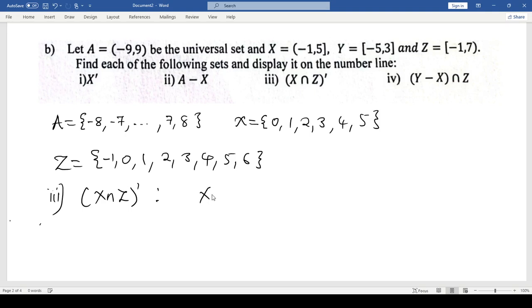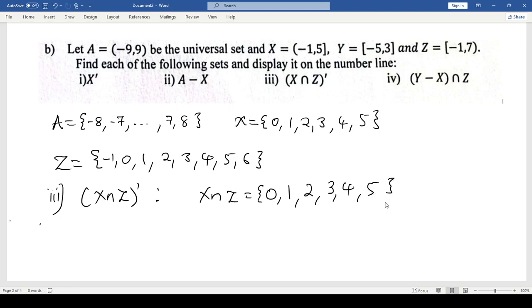So for x intersection Z, we can just list the common elements in x and Z. You notice that we're going to have 0, 1, 2, 3, 4, 5 like this.